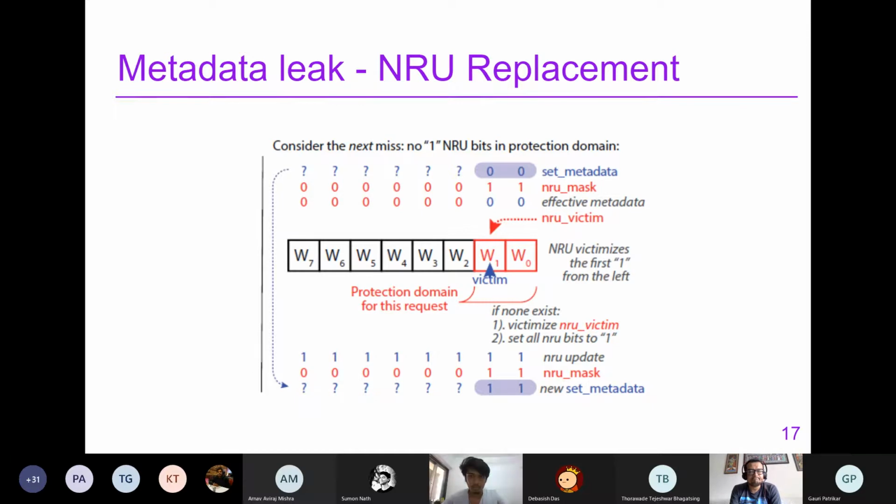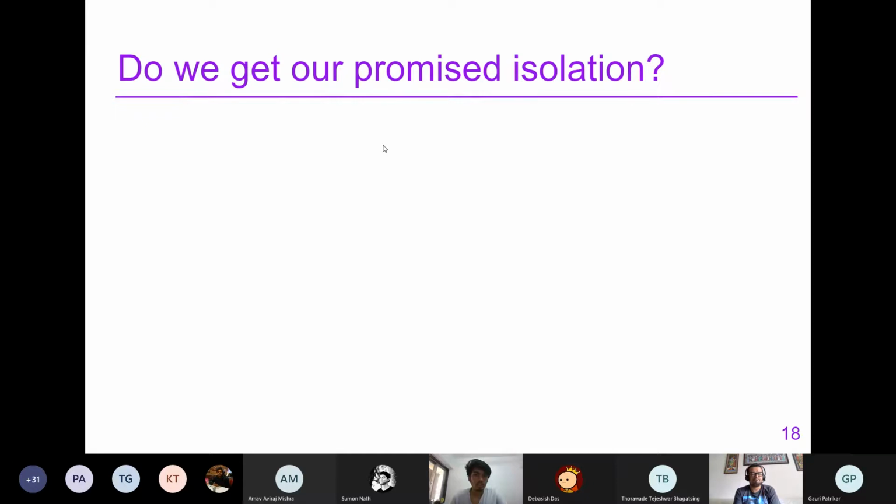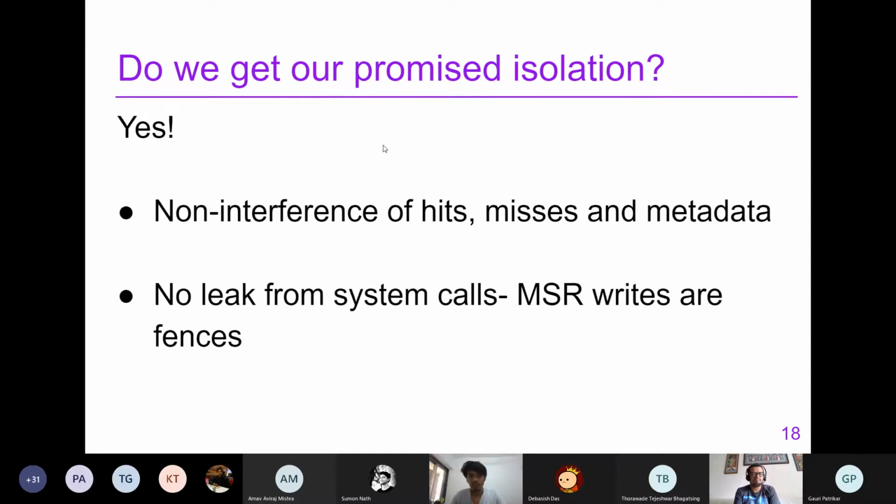So that is how, using this DAWG mechanism, we have removed both the cache state based side channel and the cache metadata based side channel. Do we get a promised isolation? Yes, because now we have non-interference of hits.